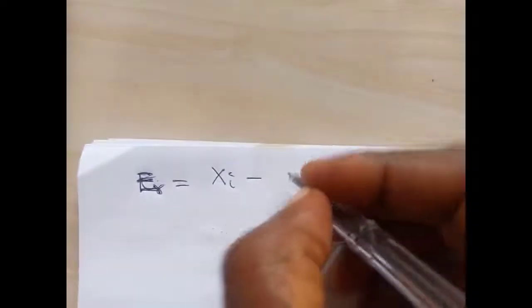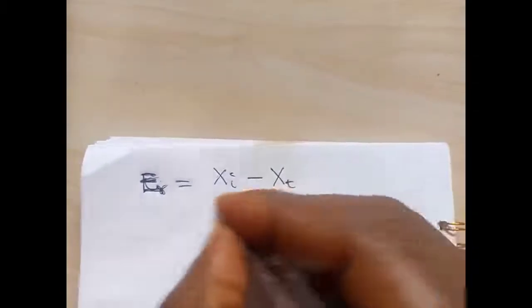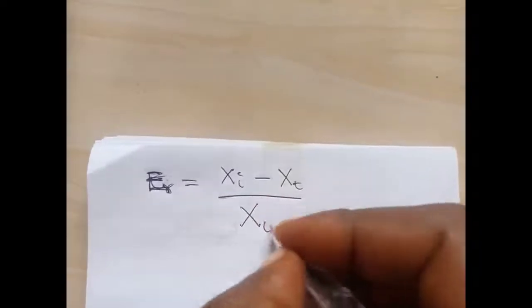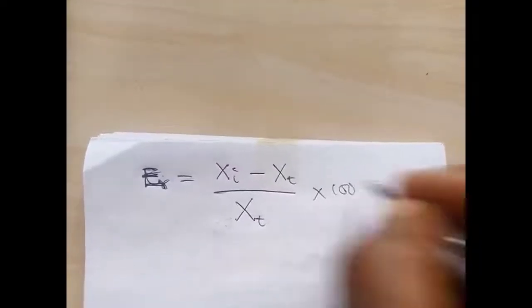So for us to solve, relative error is given as the measured value minus the true value over the true value times 100.